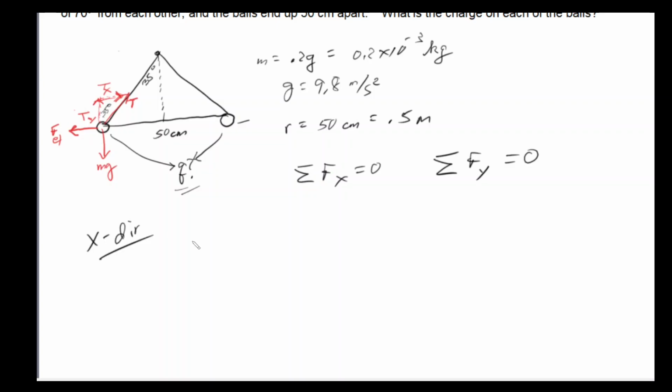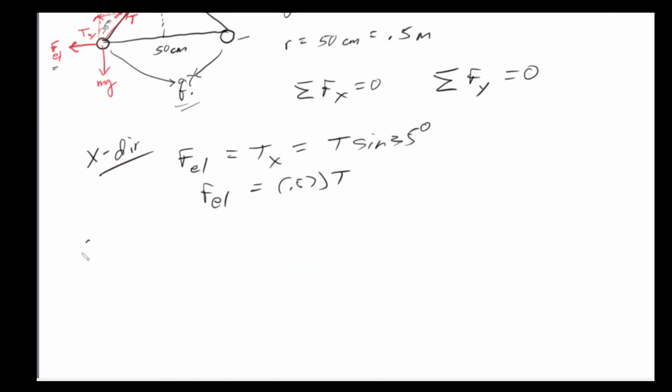Our forces are the electrostatic force that's pushing the balls away, which has to equal the force of tension in the x direction, which is up here. And the force of tension in the x direction would be the total tension times the sine of 35 degrees, or our electrostatic force is equal to 0.57 times T.